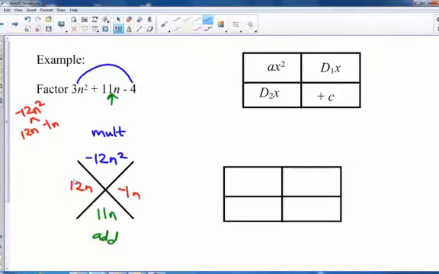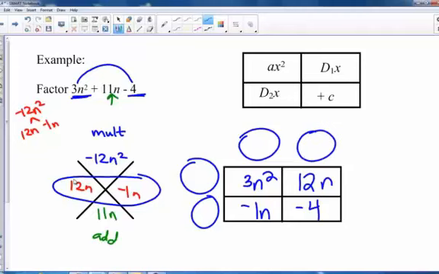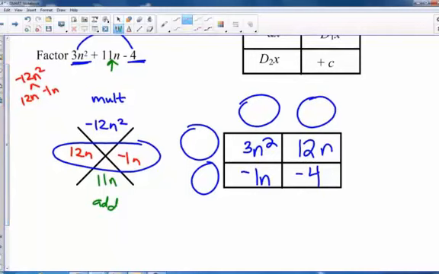I can also plug in my 3n squared and my negative 4 from my initial problem. And then my 11n, instead of 11n, I'm writing 12n and negative 1n. Now I need to figure out what goes on the outside to get me all these numbers. So if this is 12, this is going to have to be my 3.